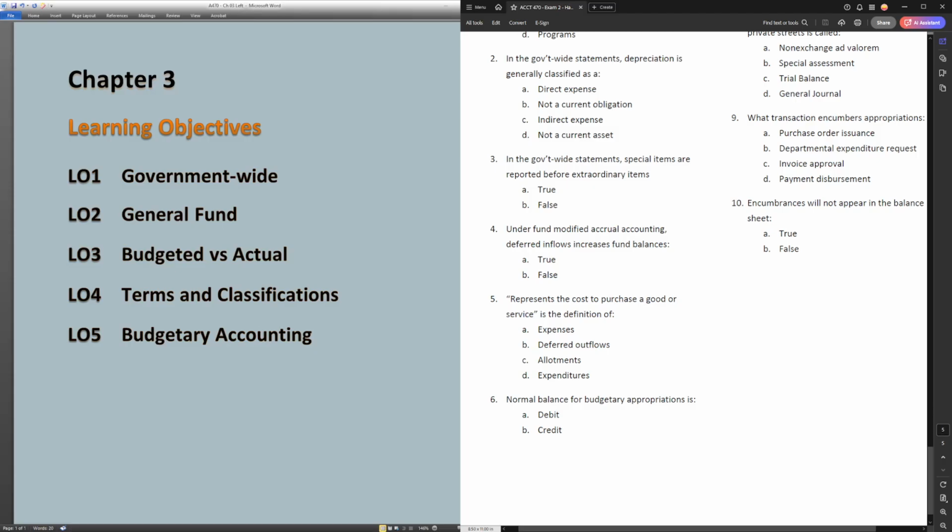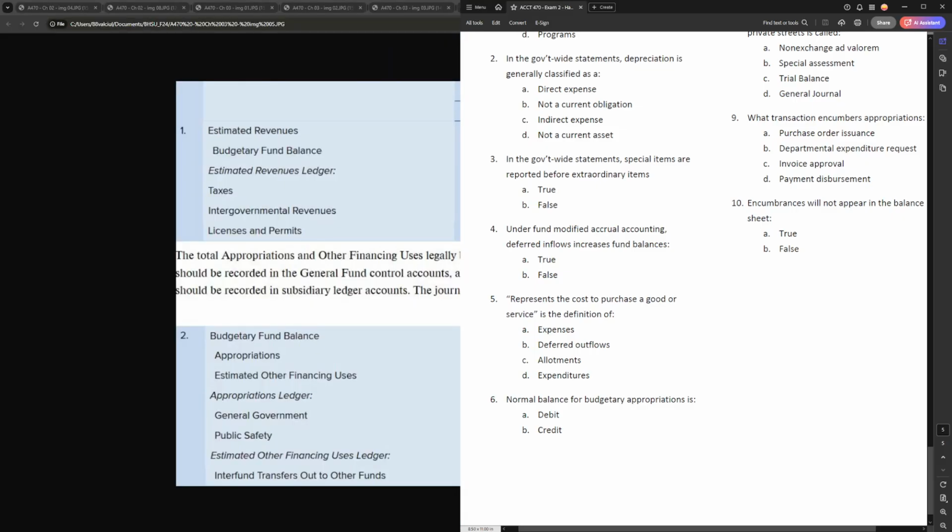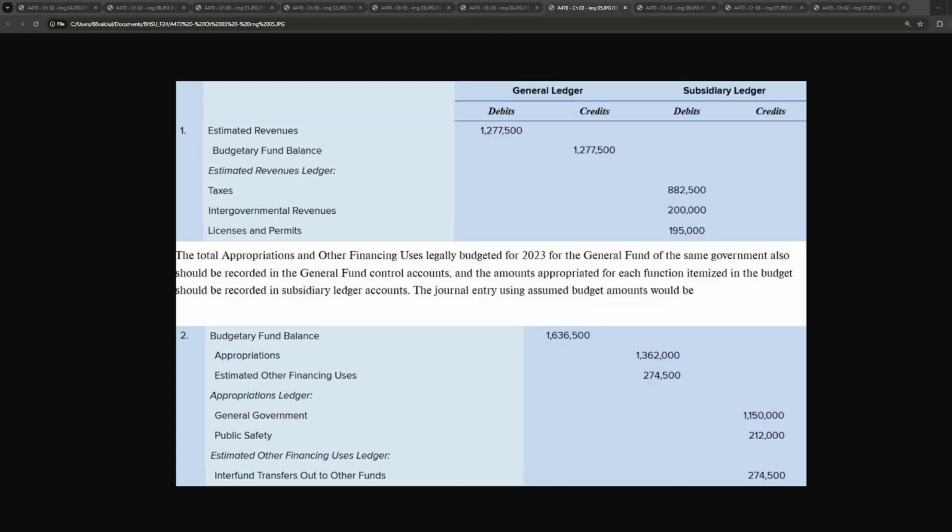Let's see if I can show that. You can see here budgetary appropriations, it's under the credit column. Appropriations, normal balance is a credit, the opposite of an expenditure.